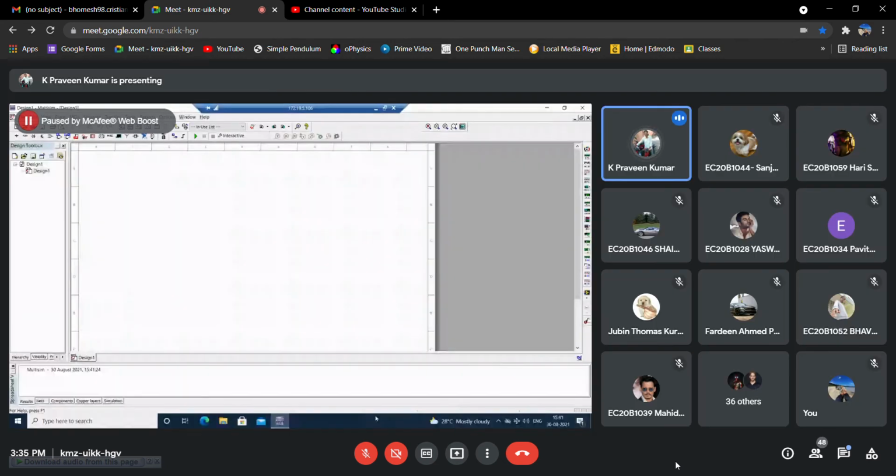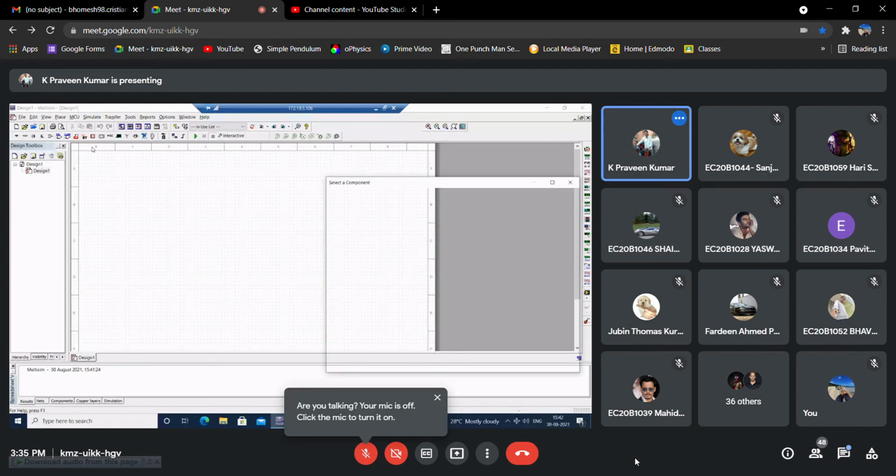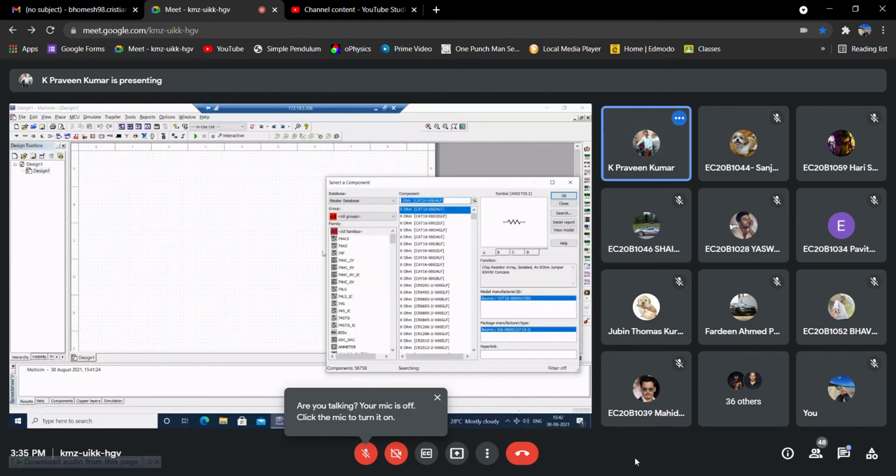Is this tool window visible? Yes, sir, it's visible. Okay, so first, let us build our circuit.